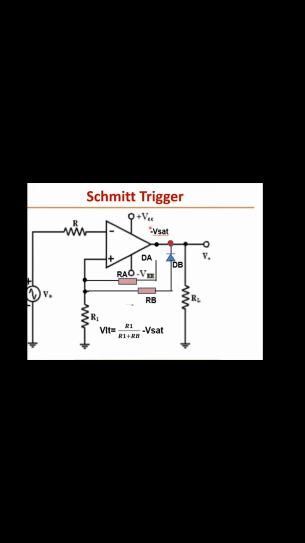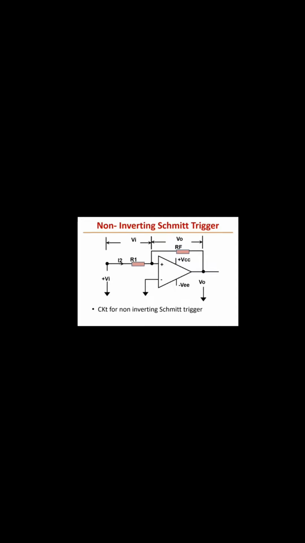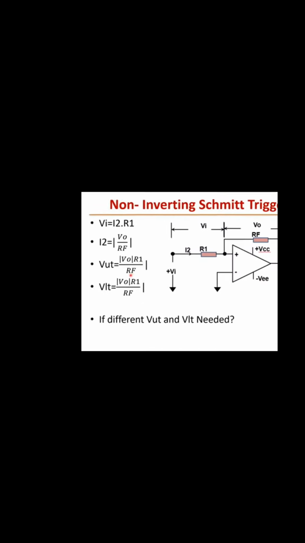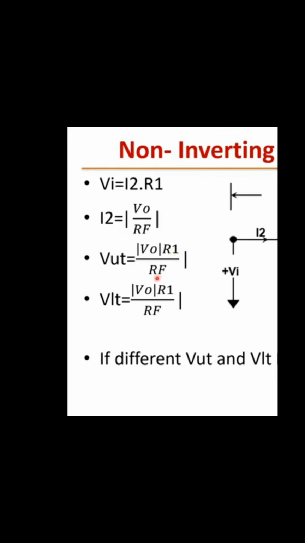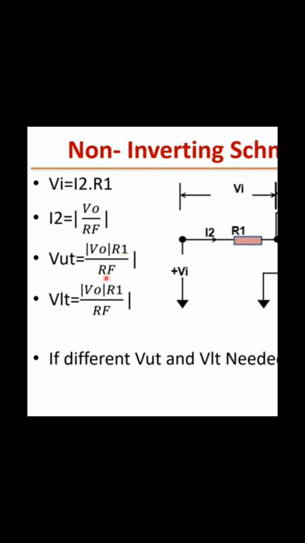Okay, so if they ask for different VUT and VLT, the concept will remain the same. It is a non-inverting Schmitt trigger. These are the equations for the non-inverting Schmitt trigger. Here we consider both VUT and VLT at the same voltage.